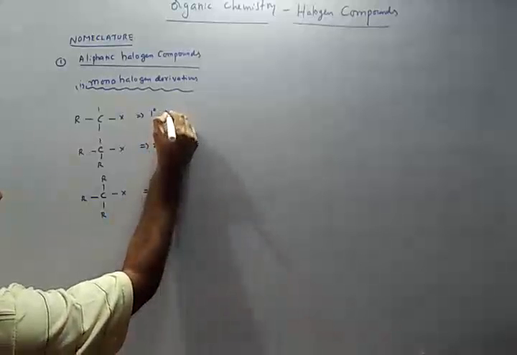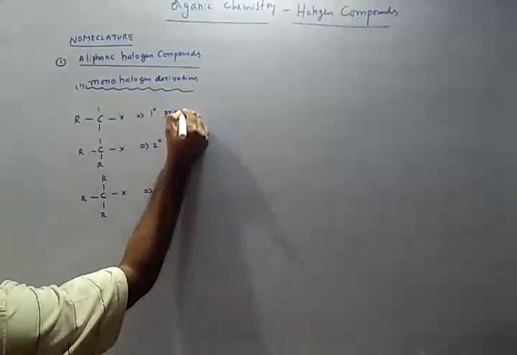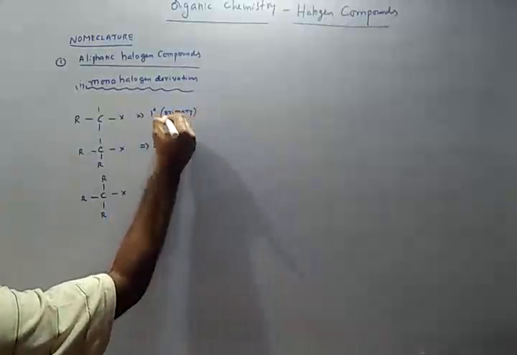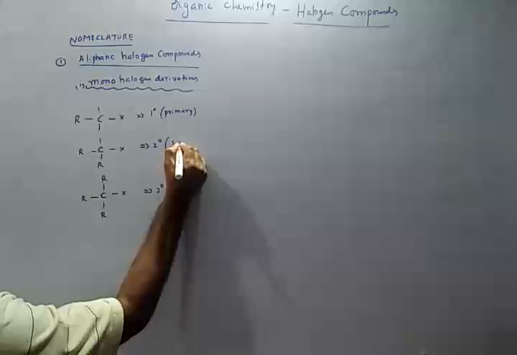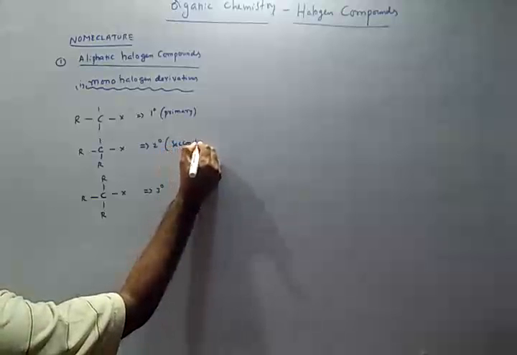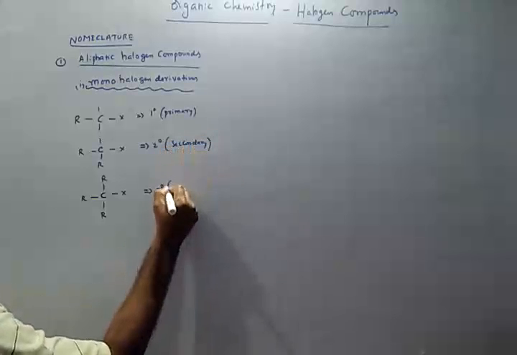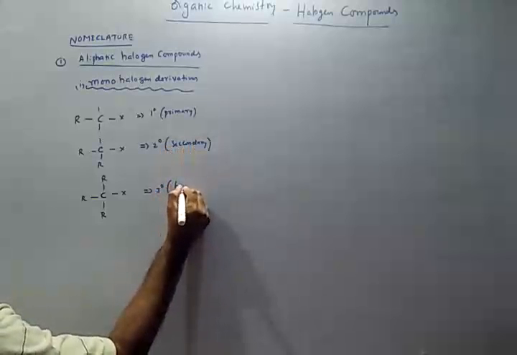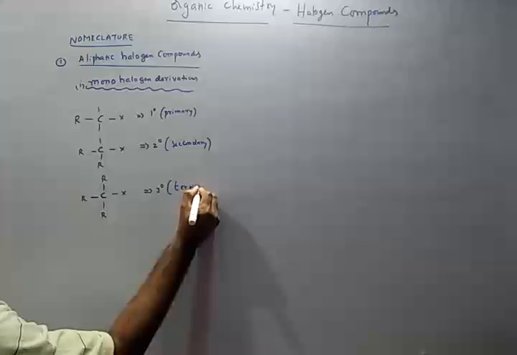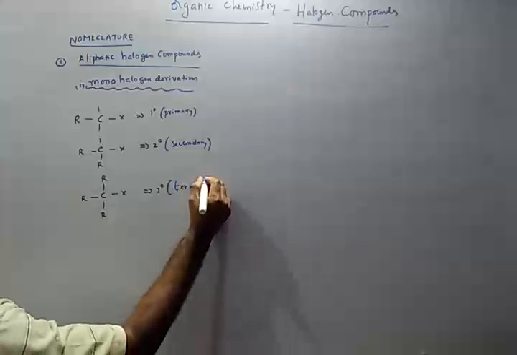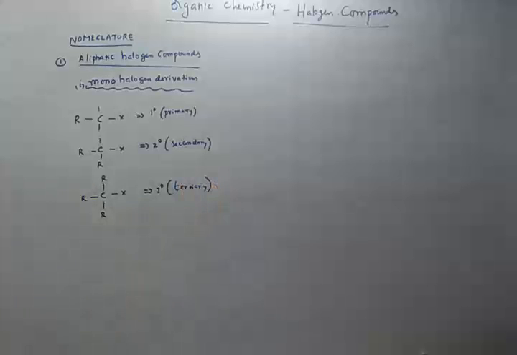This is called primary, first degree. This is secondary. This we will call tertiary alkyl halides.